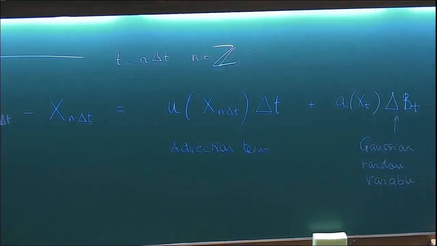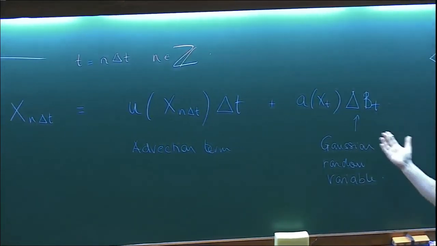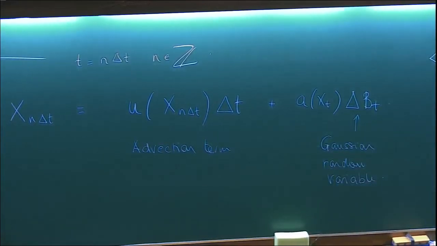So the first thing, if I'm a Gaussian random variable, I need to know which of its moments, how many moments do I need? It's a Gaussian random variable, I only need to know its mean, so I'm going to take delta bt to be equal to 0. If it didn't have a 0 mean, I could have included it as part of the deterministic drift.